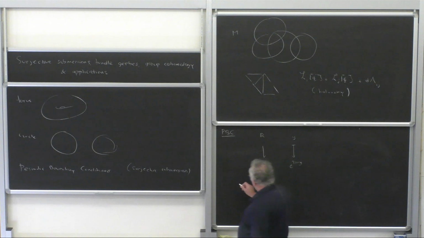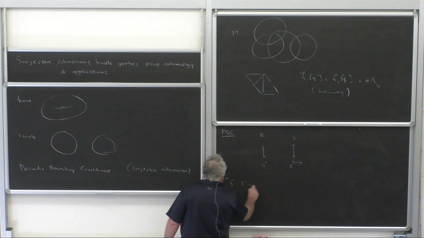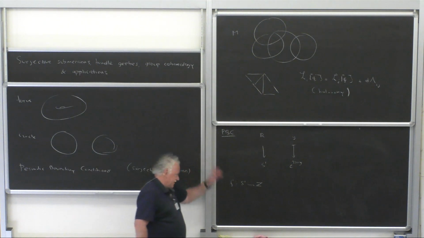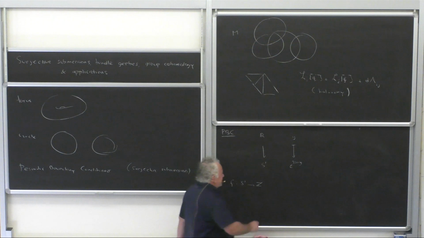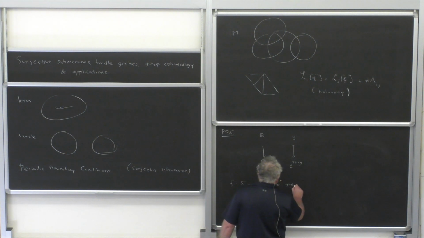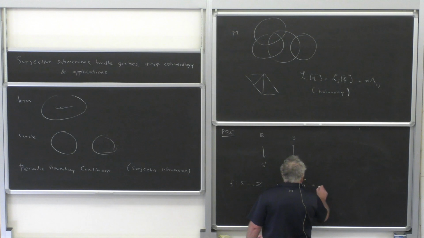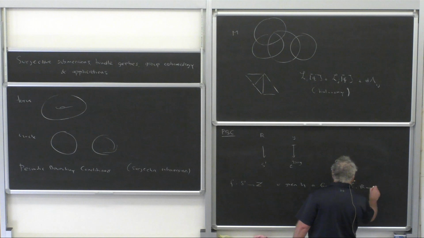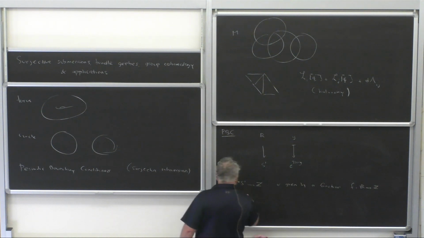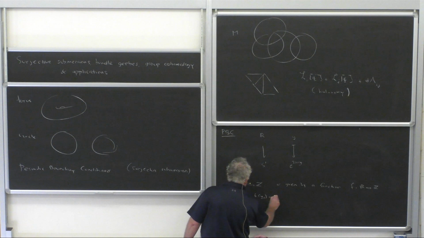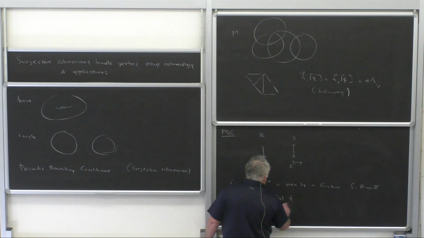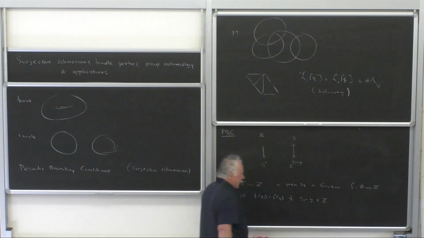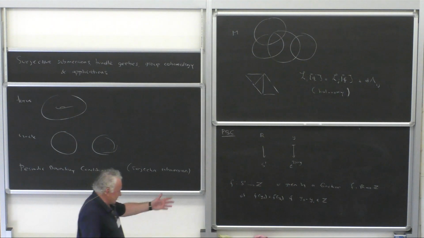So a function on the circle, say a Z-valued function, but it could be R-valued or U(1)-valued, whatever you want, is given by a function f from R to Z, such that f(y0) equals f(y1) if y0 minus y1 is an element of Z. That's what I mean by periodic boundary conditions.